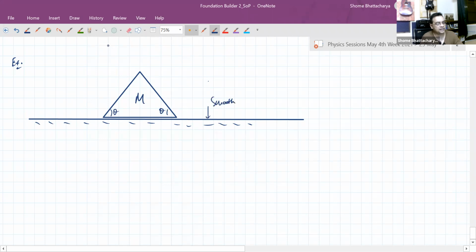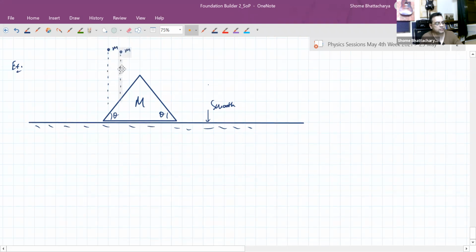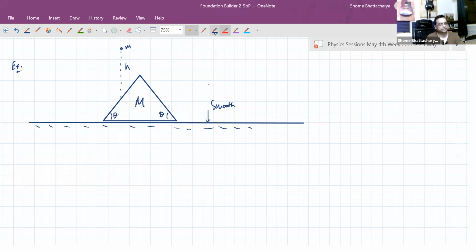Now a particle of mass small m is dropped from this position, so that it makes an impact at this point on the surface. And what the question says is immediately after the impact, the particle has a horizontal velocity.